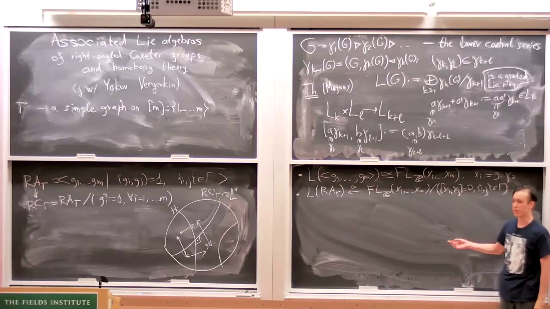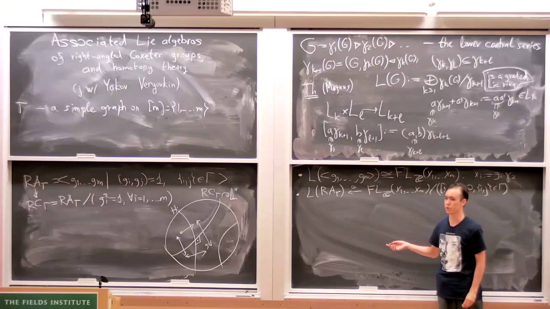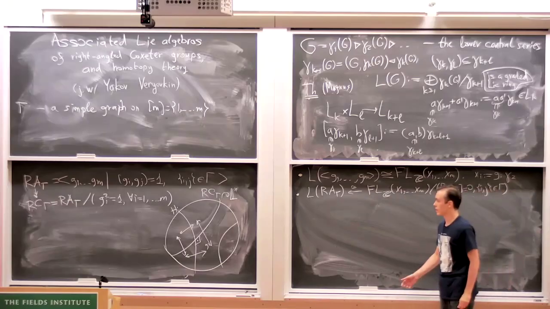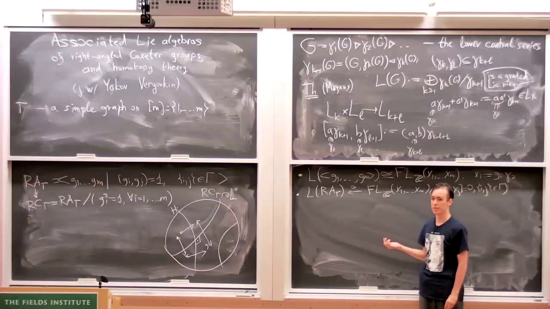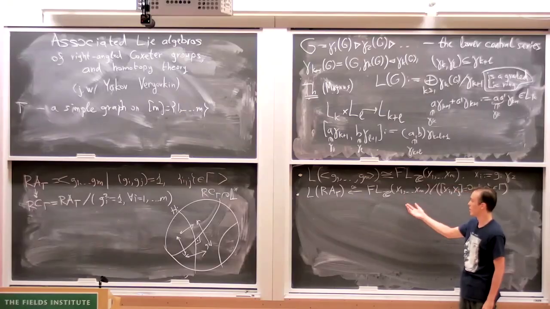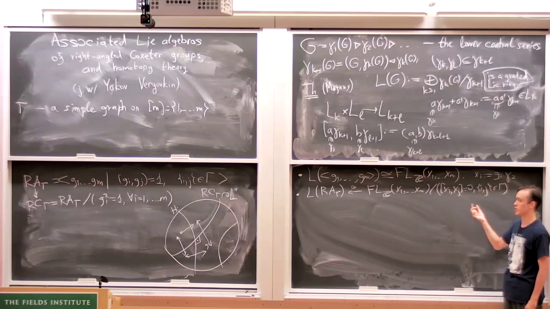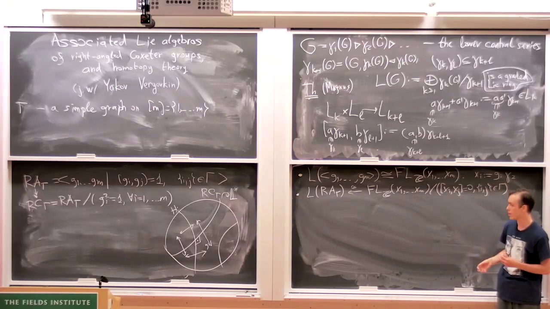This was proved independently by Duchamp and Krob, by Wade, and also by Papadima and Suciu, who gave the most conceptual explanation of this. In fact, if you have a group such that its abelianization is torsion-free, then you have a good approximation of this algebra by a Lie algebra which is generated by the first homology, modulo the relations which correspond to the co-multiplication from the second homology to the first homology.